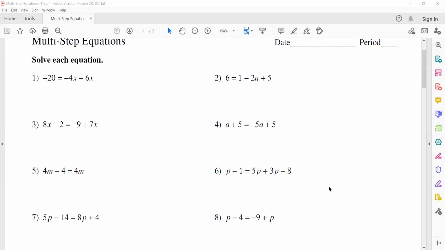All right, now number 5 is one of my favorite problems. Anybody want to guess why? It's gonna be 0. What's going to be 0?